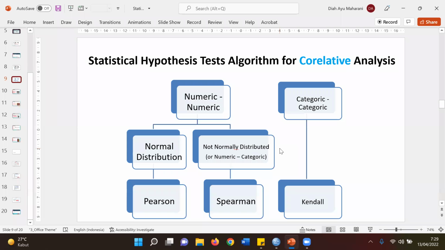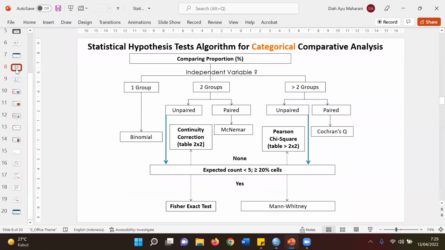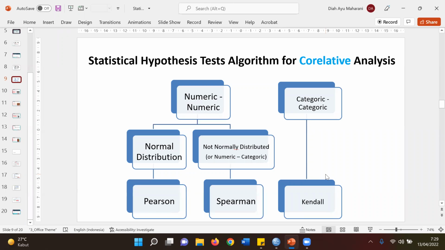Okay, I think that's all for categorical comparative analysis and for correlative analysis. Thank you.